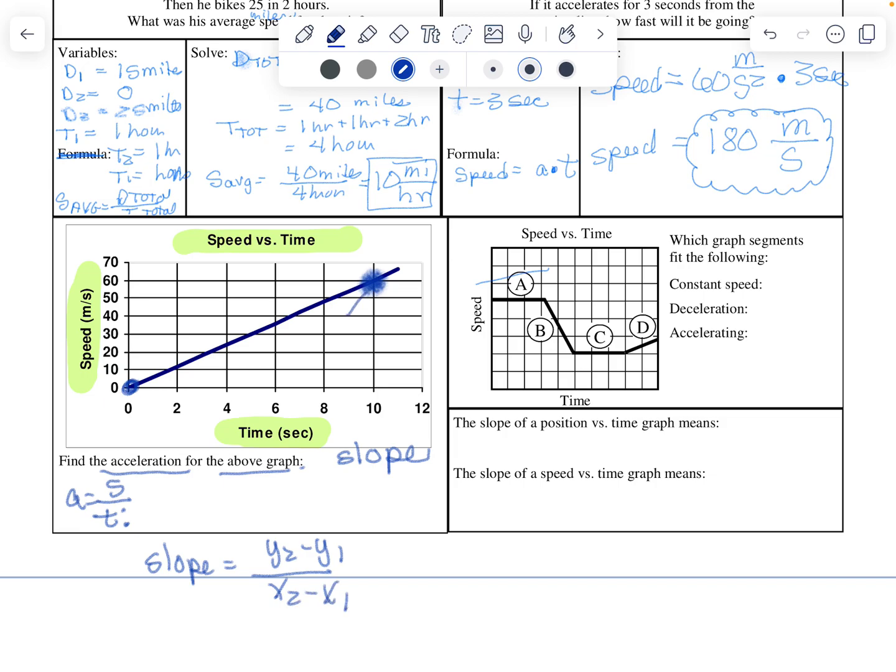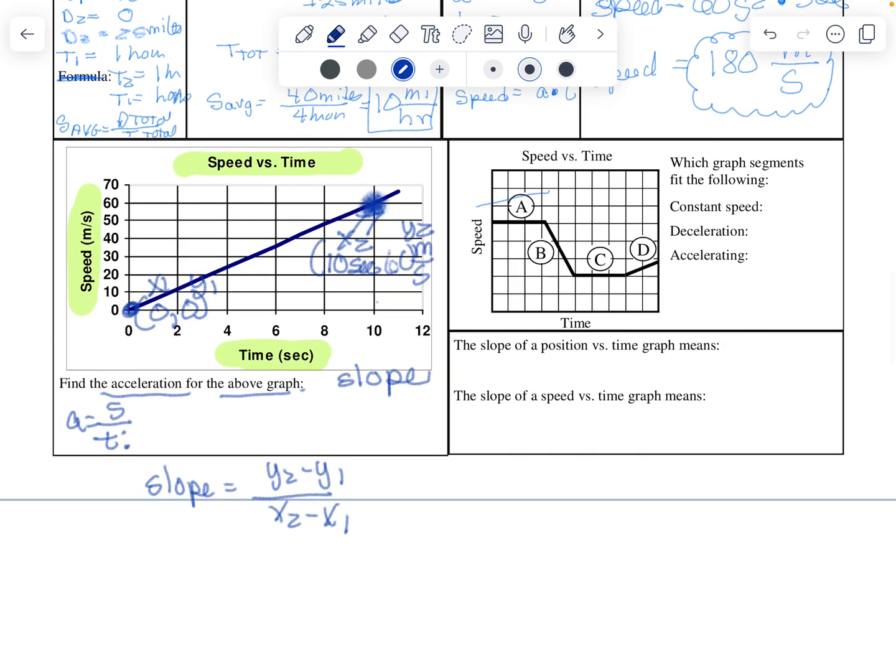This point right here has as its coordinates 10 seconds and 60 meters per second. This point is 0, 0. This is x2, x1, y2, and y1. Sorry if that's a little squashed. You can pause here if you need to.